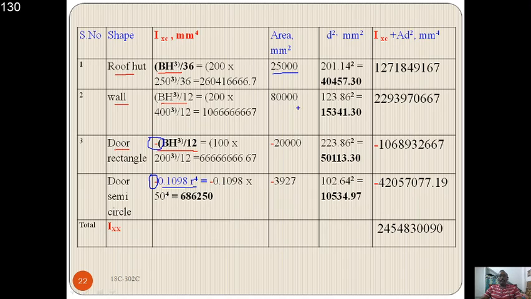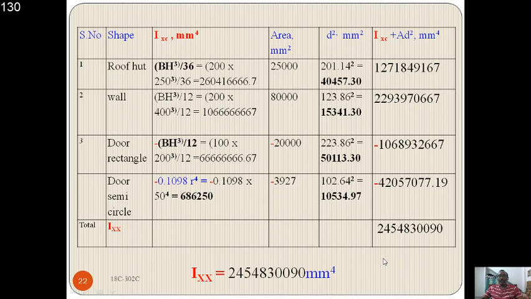Areas are taken from the centroid table and used for the A d square multiplication. The d values should be squared to obtain accurate values, and substitute all those values. Ixx has been summed to get the total shape Ixx value, that is 2454830090 mm to the power of 4.